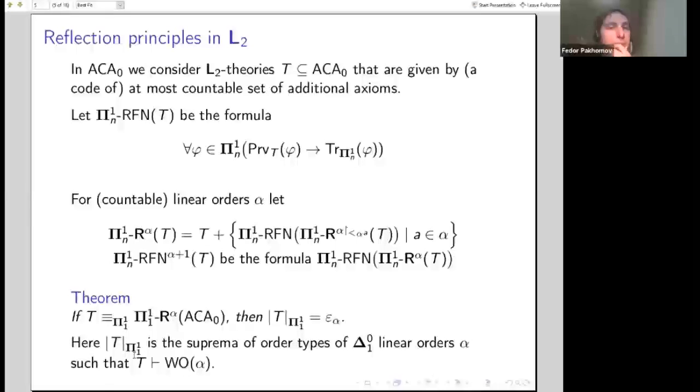Okay. Now for this kind of theories, we naturally have the Π1n reflection principles. The reflection principle basically says that if a boldface Π1n sentence is provable in a theory, then it's true. Basically, when we're talking about a boldface Π1n sentence, we've already taken into account parameters.